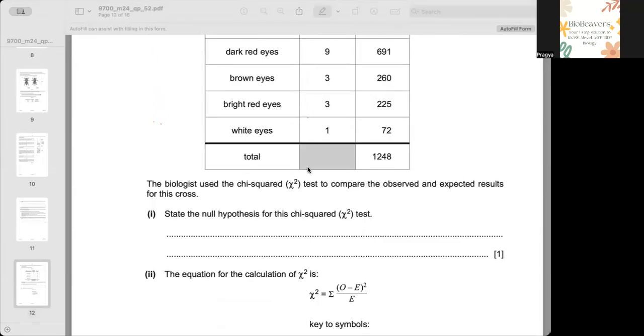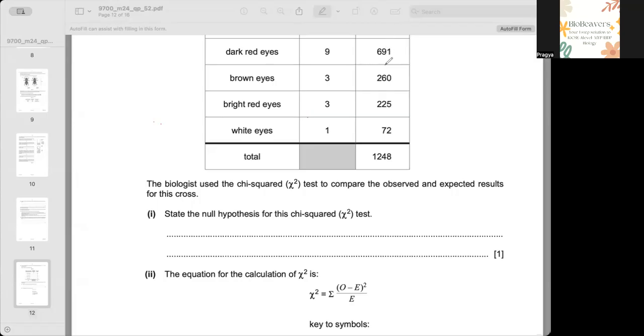So the question which comes in here, which is usually very fixed at this point, is the null hypothesis. Whenever we are stating the null hypothesis, one thing you have to remember is that there is no difference between observed and expected. That's your first question.